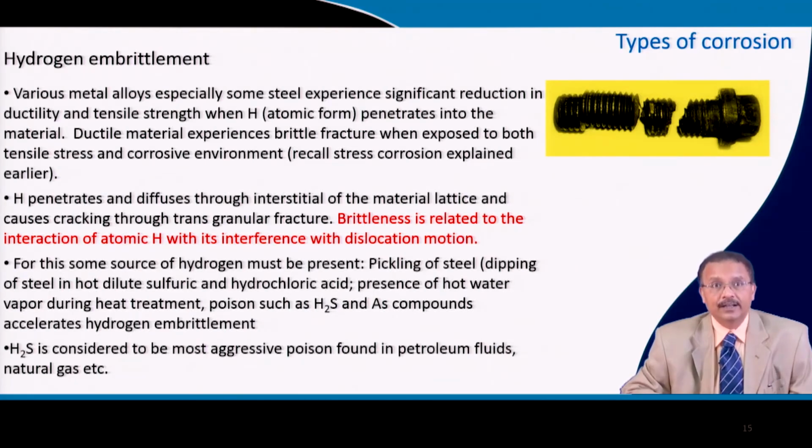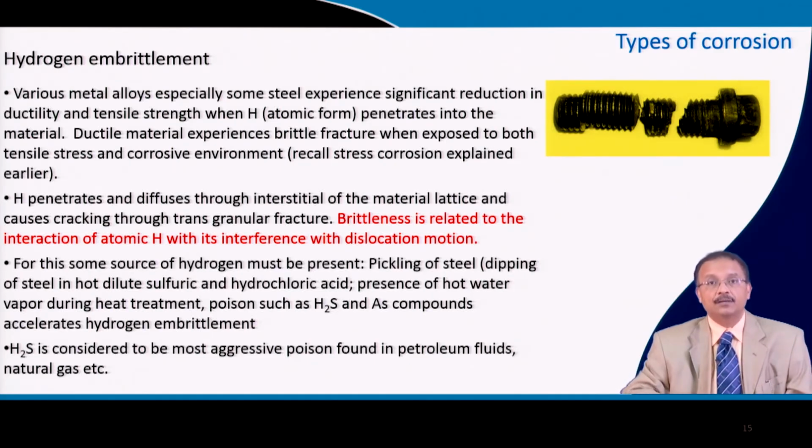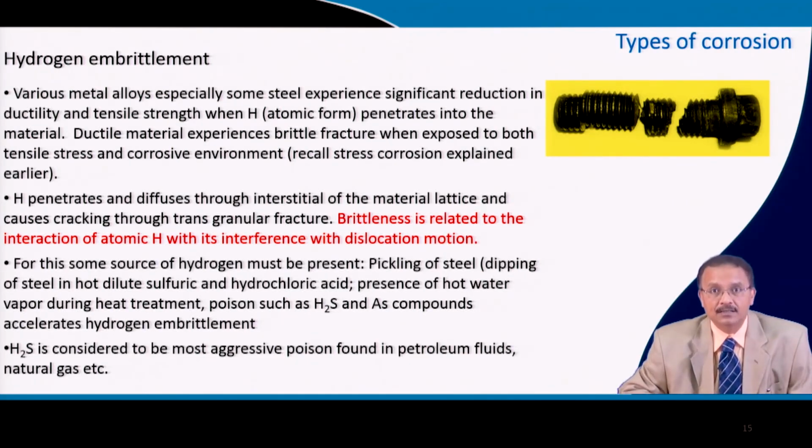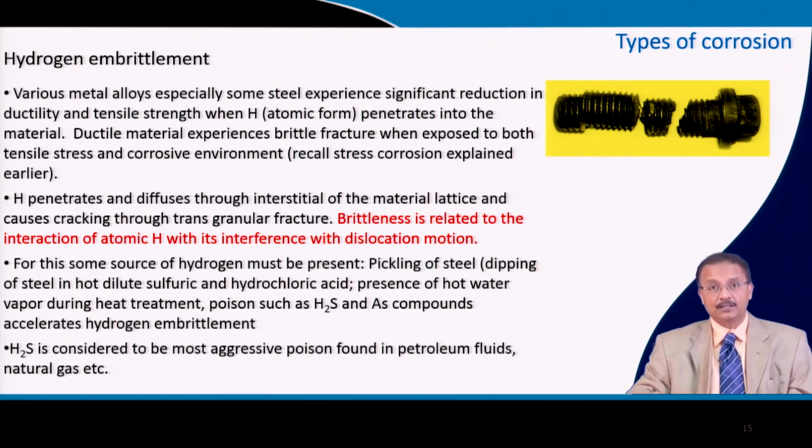Another corrosive effect is hydrogen embrittlement. Various metal alloys, especially some kinds of steel, experience significant reduction of ductility and tensile strength when molecular hydrogen penetrates into the material. So, a ductile material experiences a brittle fracture when exposed to both tensile stress and a corrosive environment.